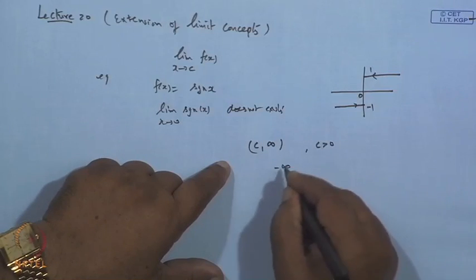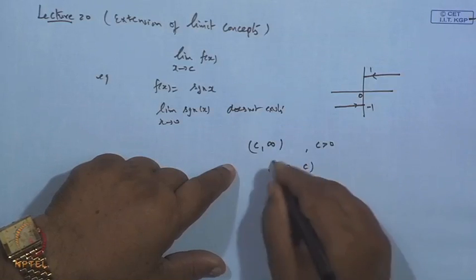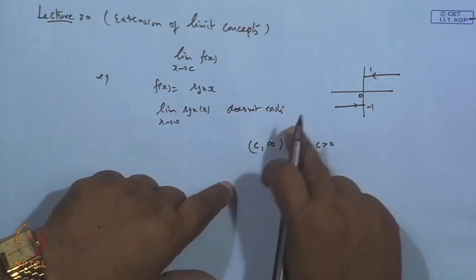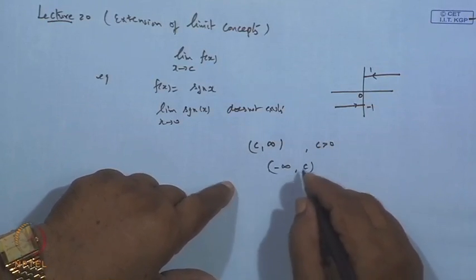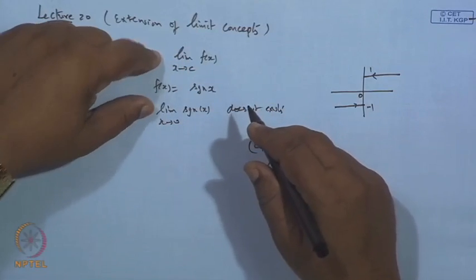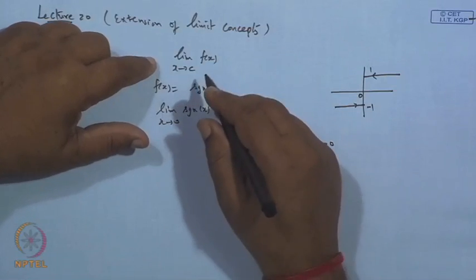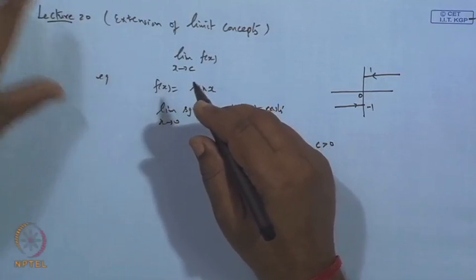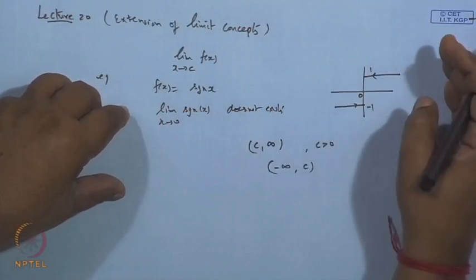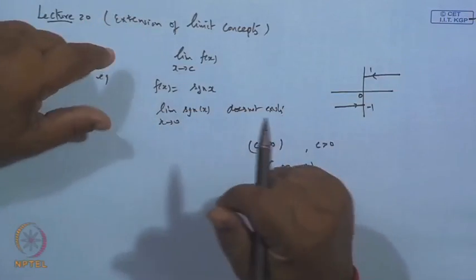Similarly, when you take minus infinity, say (minus infinity, c), then also the left hand limit exists, is it not? So, in such a case, though the limit does not exist, we can say partially the limit of the function exists when you approach either from the left hand side or from the right hand side. Individually the limit exists and may be different, that is a different matter.